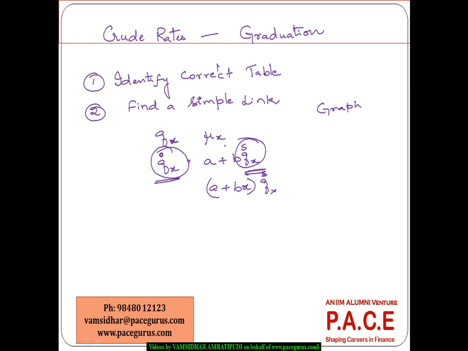graduated rates, which we have, and the observed rates. So probably here, starting off with the observed rates, I'll try to plot a graph between the observed rates and the standard table rates.